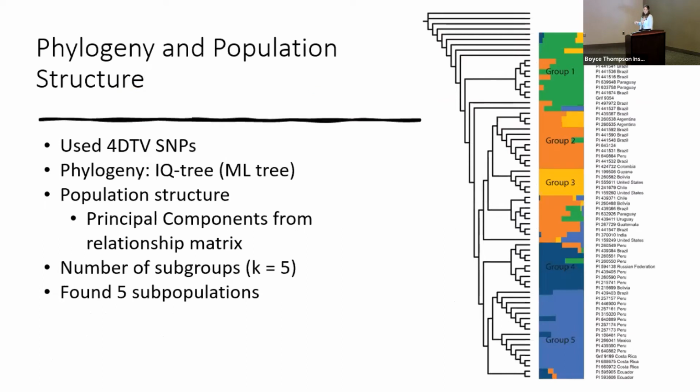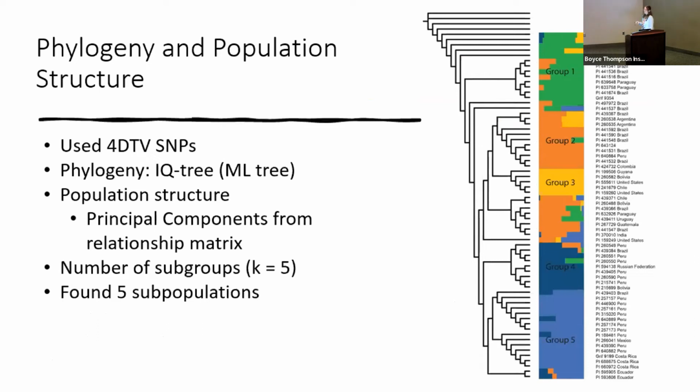Then I have to look at the phylogeny and the population structure, because the theory behind GWAS assumes that all of our SNPs are independent, but that is only true if all of our accessions are unrelated. If we don't consider the genetic relatedness, we're going to get some false associations. So I started by looking at the phylogeny.